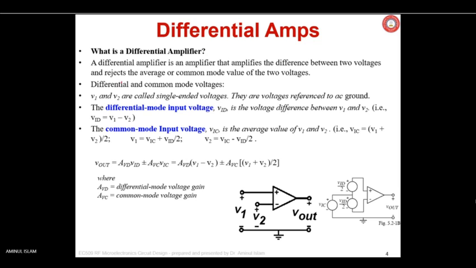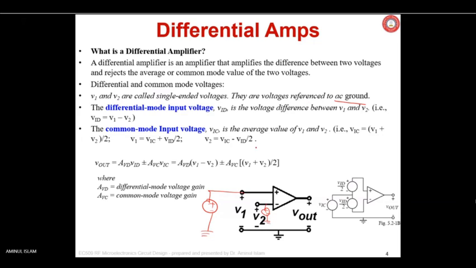The differential and common mode voltages V1 and V2 are called the single-ended voltages. They are voltages referenced to AC ground. This signal V1 is applied here with respect to ground, and V2 is applied here with respect to ground. That is the meaning of this.